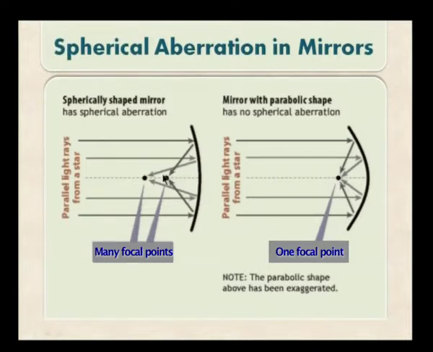Instead of many points, where the marginal rays focus at one point and the paraxial rays at another, this defect called spherical aberration can be completely eliminated by replacing a spherically shaped concave mirror by a mirror which has a parabolic shape. A parabolic shaped mirror will get all the light rays focused at a particular point.